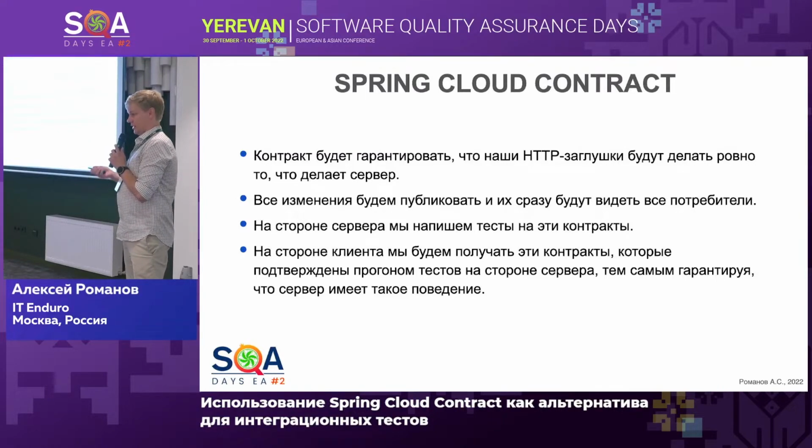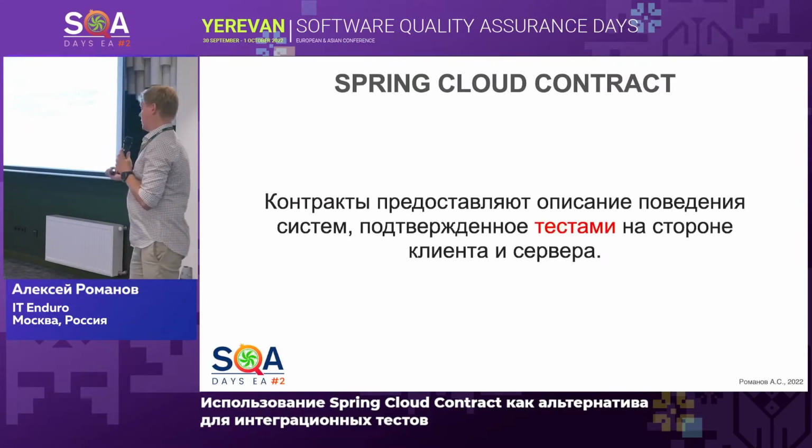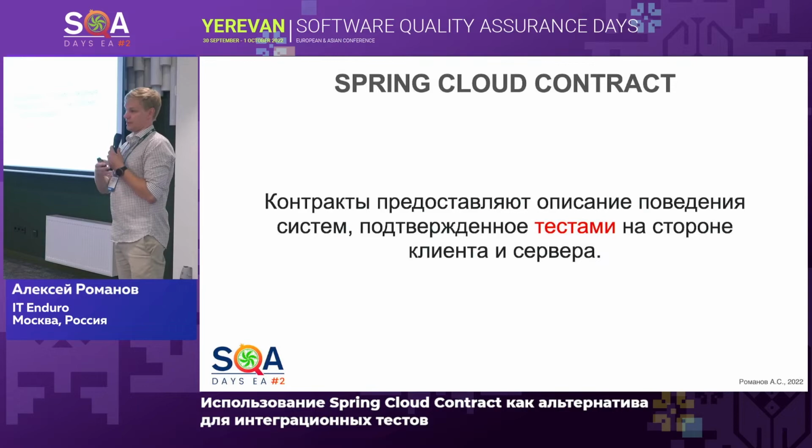So what we get is that contracts would be confirmed and they have value. And this is probably the central part. Consumer and producer tests guarantee the validity of contracts. So the consumer uses those contracts and the producer guarantees their validity.